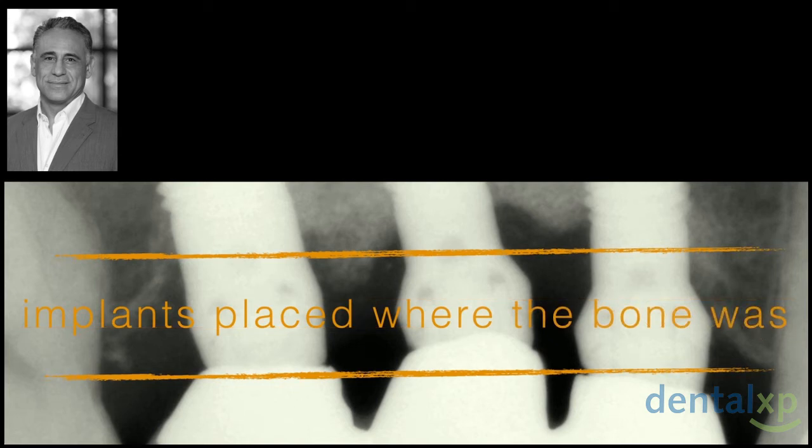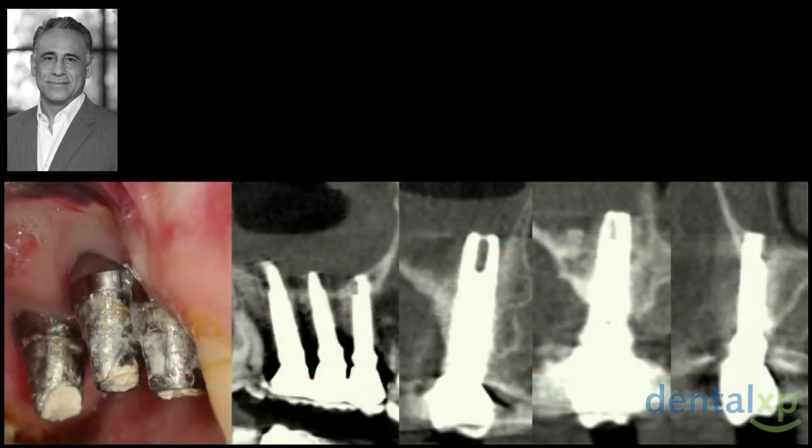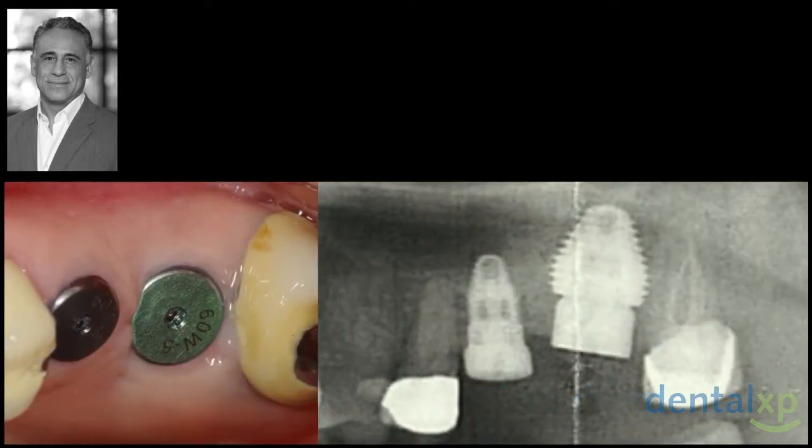The implants were basically placed where the bone was, and this is what we did for many years. In addition to that, we take a CBCT and we see that the implants are perforated into the sinus, and also there is no bone on the buccal aspect of the anterior implant. Peri-implantitis, pain. This is a very characteristic picture that we see, and this is what she had. Unfortunately, there is no great treatment for this, and we'll talk about what we did with her.